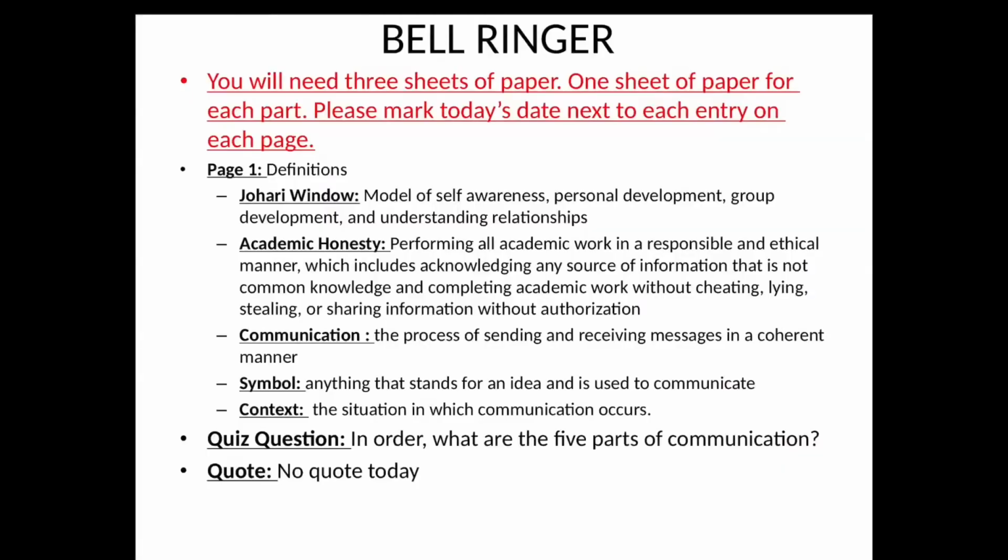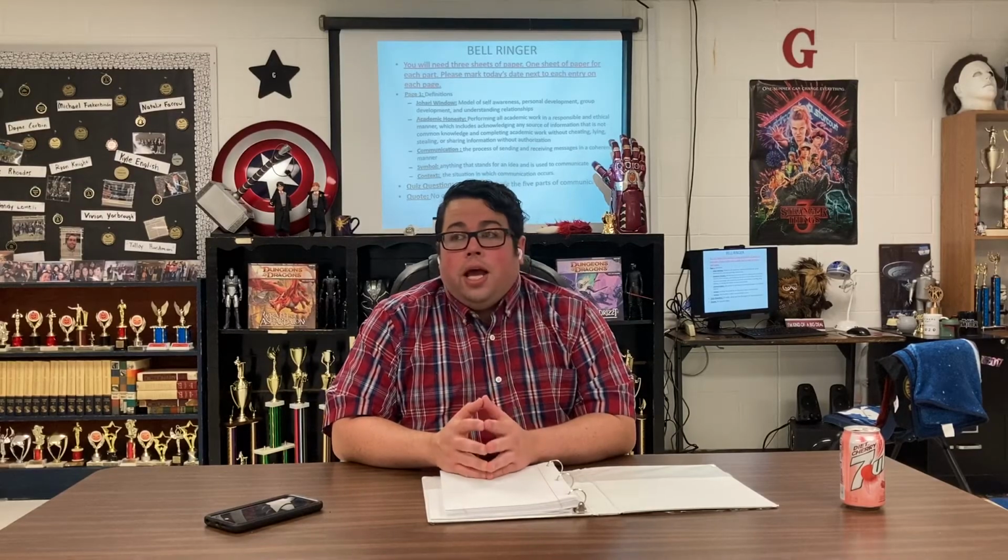You can also see quiz questions. So this is going to be a word-for-word question that you will see on a quiz at a later date. And not only will we go over the question, but we will also go over the answer. And so there should not be any sort of surprise when it comes to how you're going to be tested, how you're going to be evaluated, because you'll see a lot of those questions when we actually are doing our bell ringers.